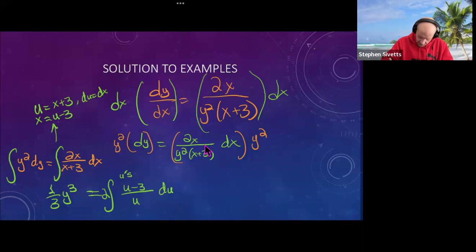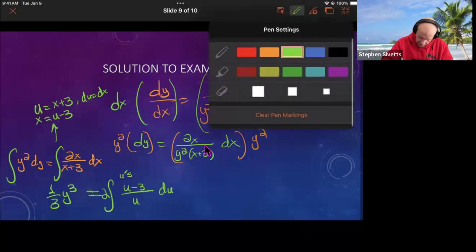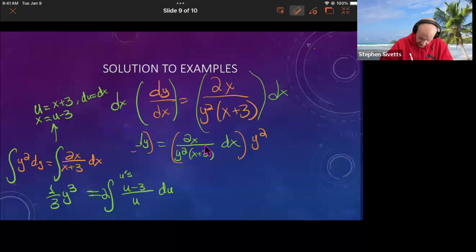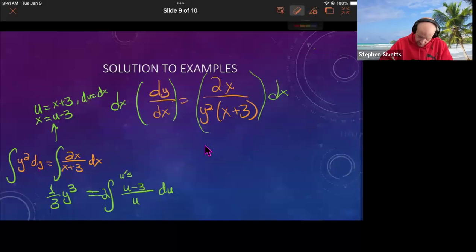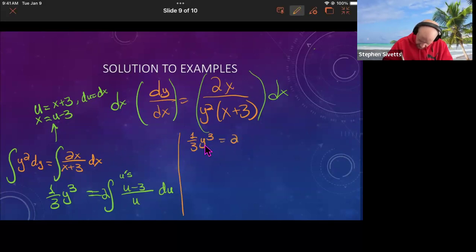And so we'll have 1/3 y cubed equals 2 times the integral of 1 minus 3 over u du, right?